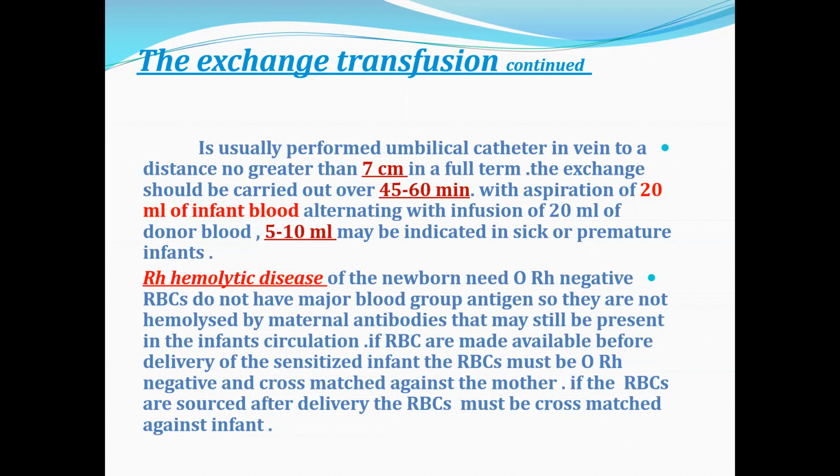Take its blood and give it donor blood. Of course, 20 ml is not fixed; it depends on the weight and maturity of the newborn. 5 to 10 ml may be indicated in sick or premature or low weight infants.